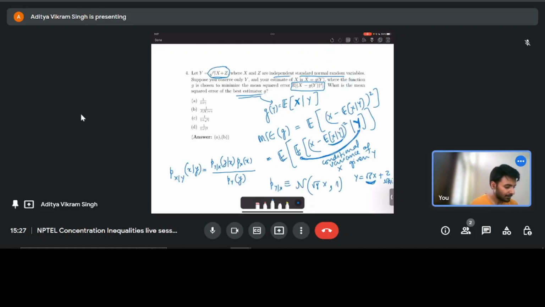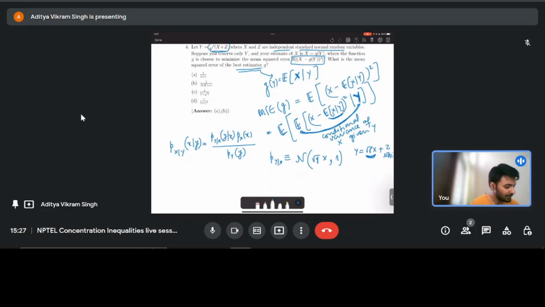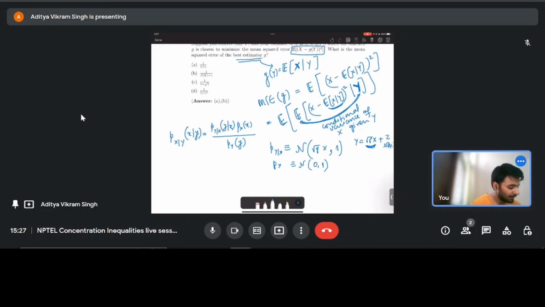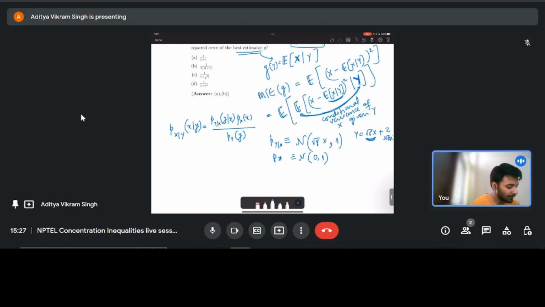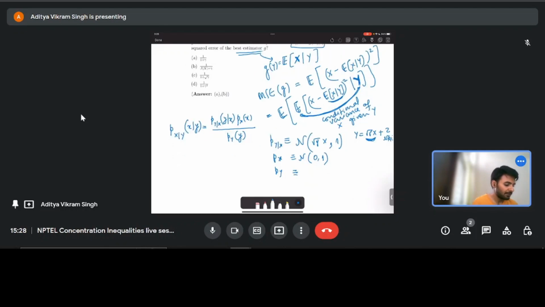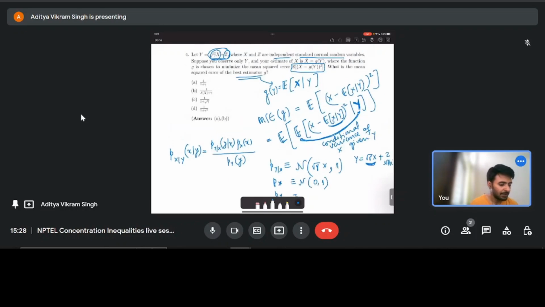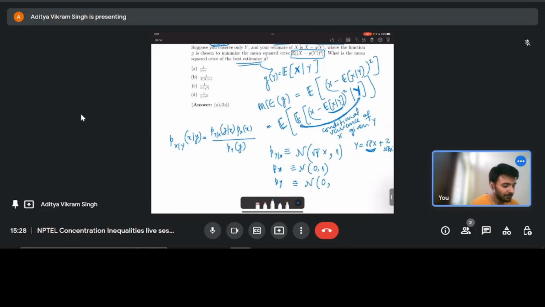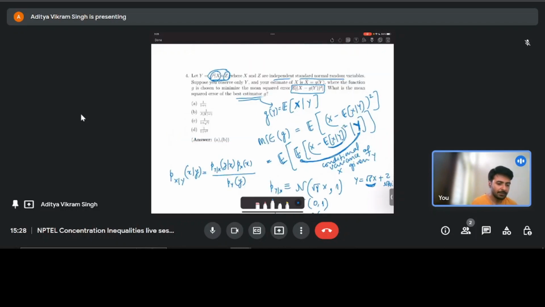And similarly, p of x we already know is N(0,1). And what would be p of y? It's the unconditional thing, so it's a sum of two Gaussians where both Gaussians are zero mean, so the mean would be 0 for y, and the variances would just add up.